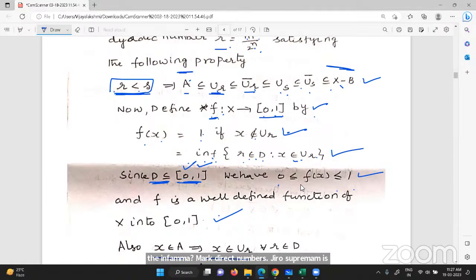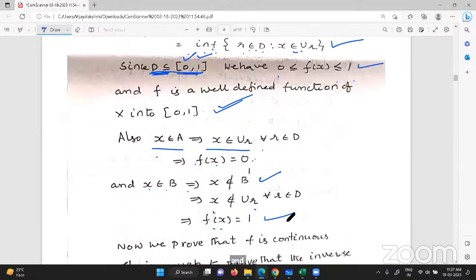Because all the dyadic numbers lie between 0 and 1, the function is defined from X to [0, 1]. Now you understood why I have taken 3 by 8, 7 by 8 like that. All should be less than 1. Range is [0, 1], so f values lie between 0 and 1. Therefore, f is a well-defined function to [0, 1].